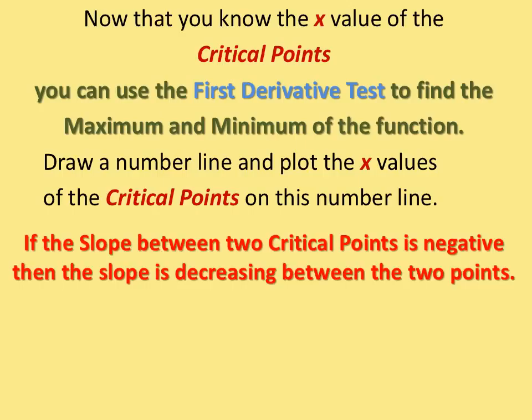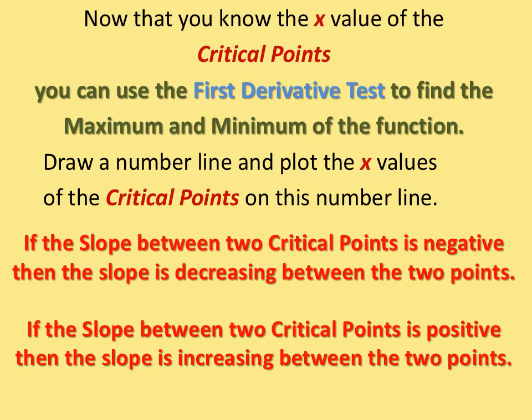Now, what can I conclude? If the slope between the critical points is negative, then the function is decreasing between the 2 points. If the slope between the 2 critical points is positive, then the function is increasing between the 2 points. Huge, people, huge. You get this in your brain.